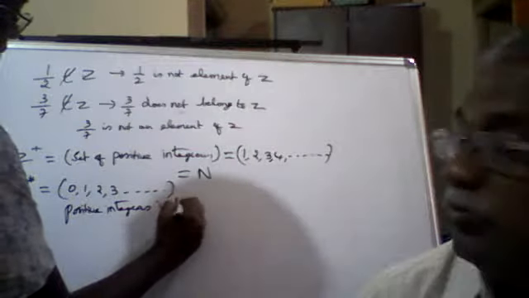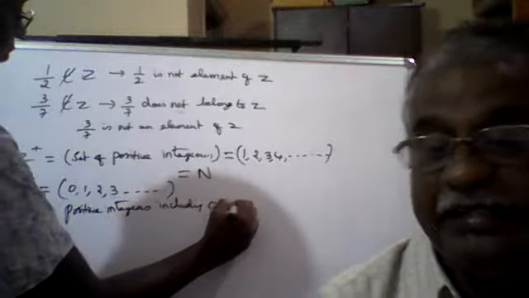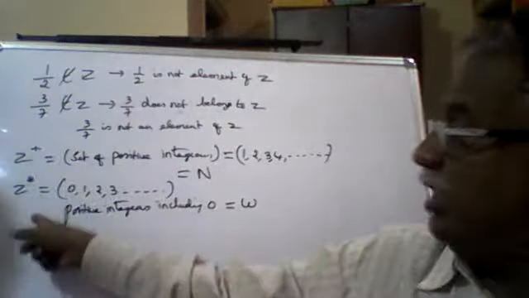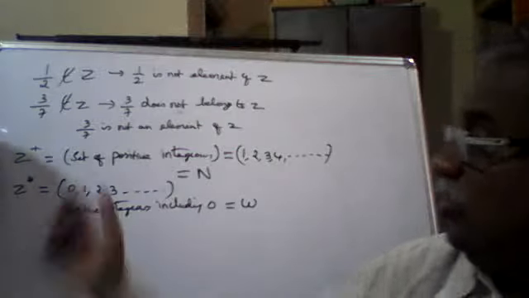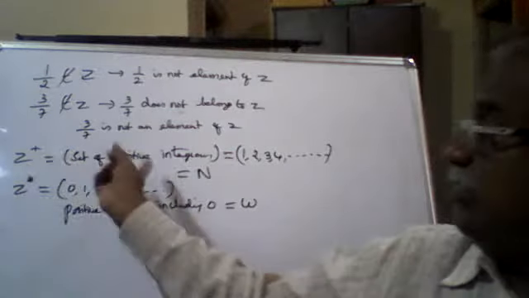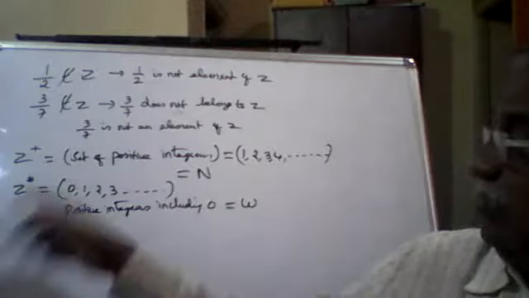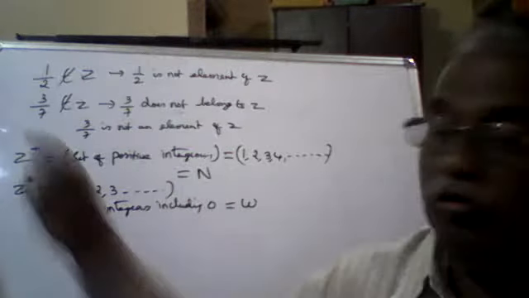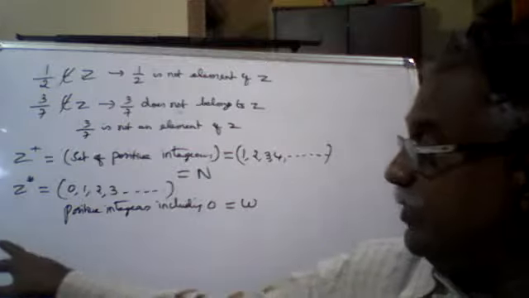Put equal to W. So again, I repeat, this Z plus and Z star come for higher classes. In classes 8, 9, sometimes they don't give it. So sometimes for N they give Z plus. Z plus is called the set of positive integers, and whole numbers are also called by the word Z star.